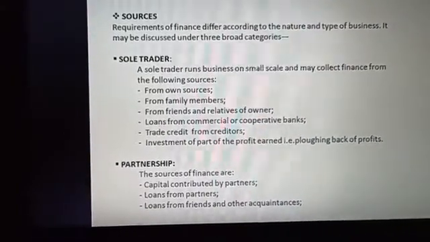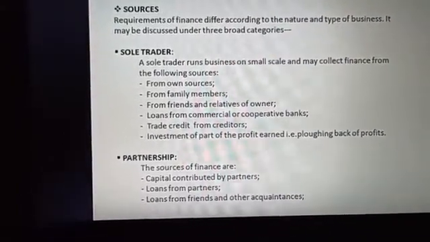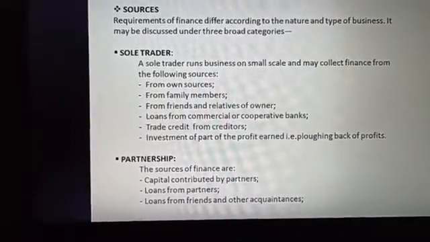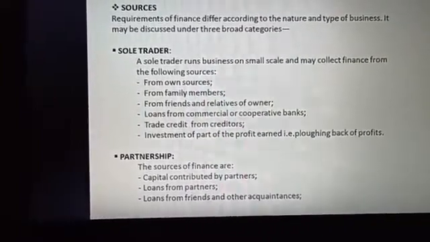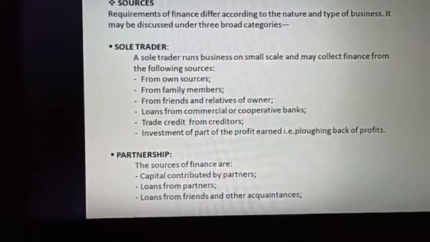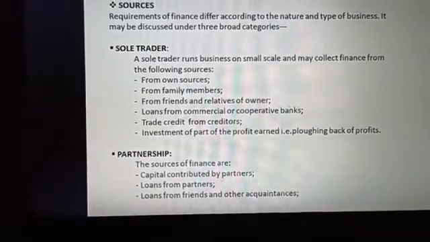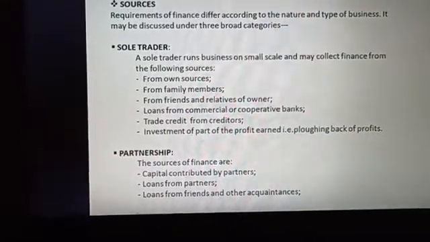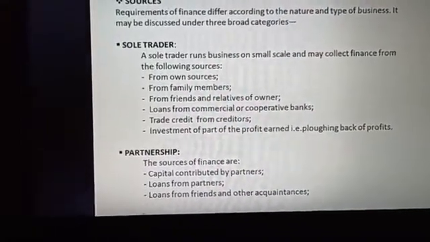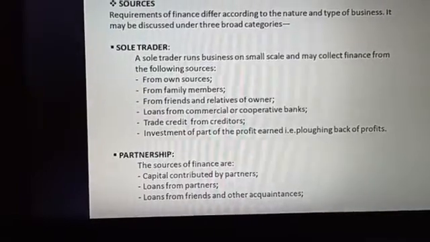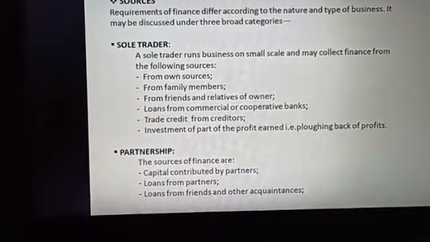Next, sources. Requirements of finance differ according to the nature and the type of business. It may be discussed under three broad categories by classifying them into three different categories of business organizations. Number one, sole trader.